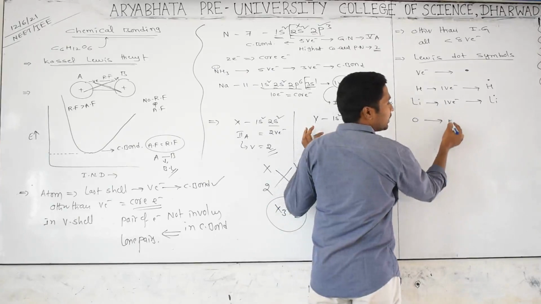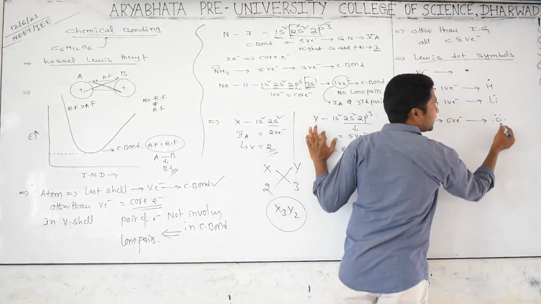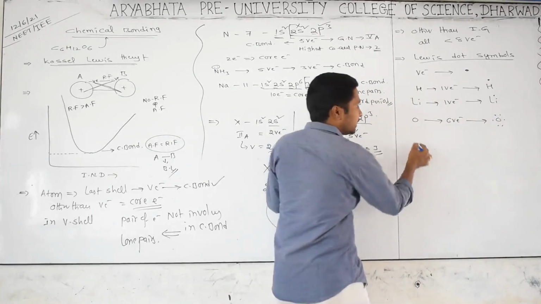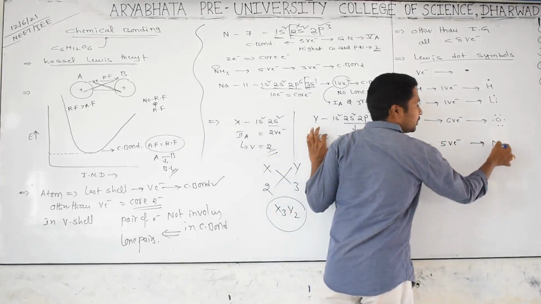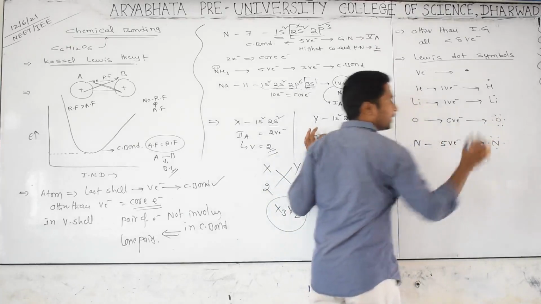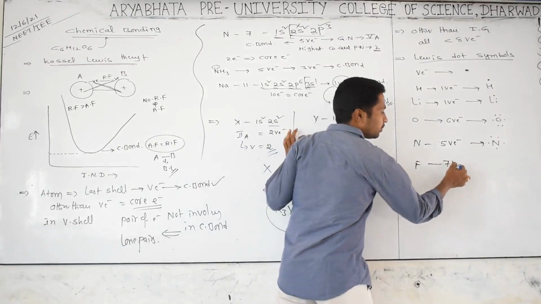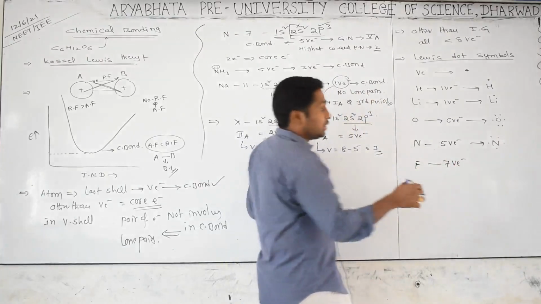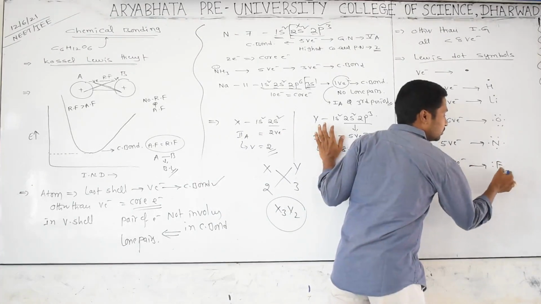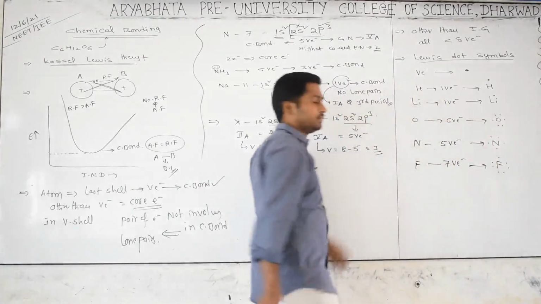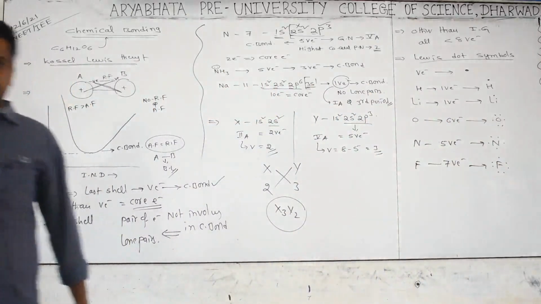Oxygen, a 6A group element, has 6 valence electrons, shown as 6 dots around it. Nitrogen, a 5th A group element, has 5 valence electrons, shown as 5 dots around it. For example, fluorine, a 7th A group element, has 7 valence electrons, so around it we have 7 dots: 1, 2, 3, 4, 5, 6 and 7. Like that we show the Lewis dot symbols. All of you clear? Yes.